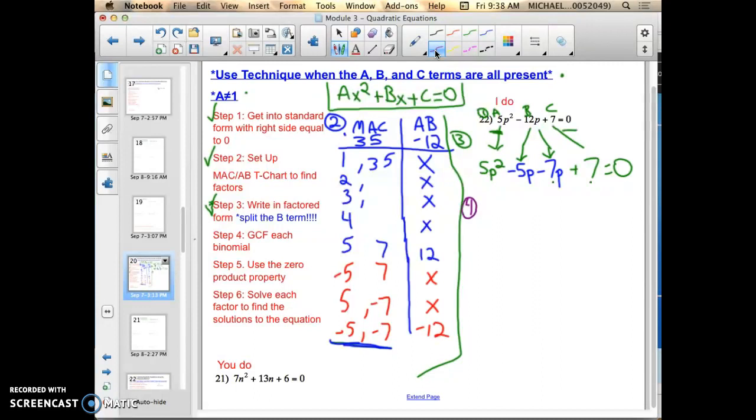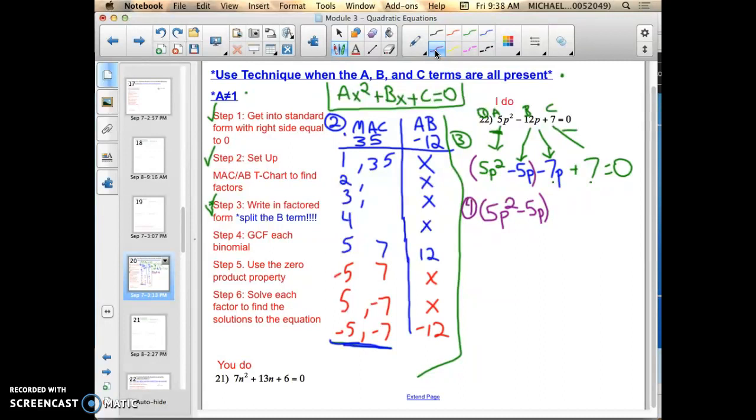Step 4, I'm going to do what's called, you group them first. All right? So I'm going to group the first 2 together and the second 2 together. So if I group the first 2 terms, I'm sorry, so 5p squared minus 5p. That's the first grouping. All right, I just put parentheses around the first 2 up here.